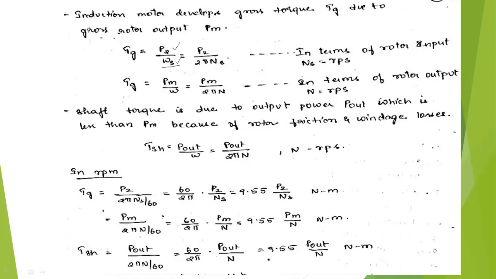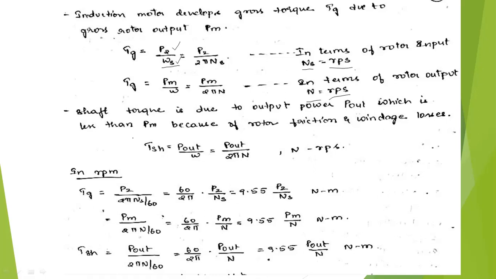So P2 by 2 pi NS, this is in terms of RPS, for rotor input. In terms of rotor output, the gross torque will be PM by W, so PM by 2 pi N. Both NS and N are in RPS for torque. After that, the shaft torque is due to the output power, P output.